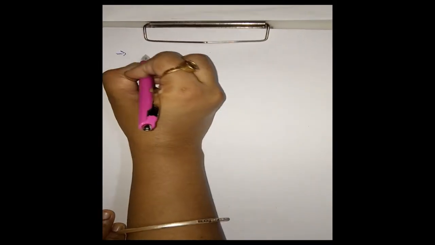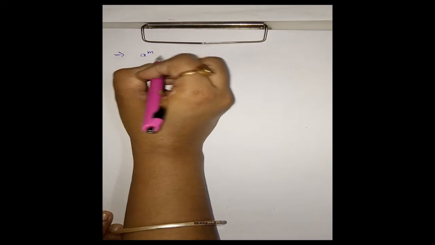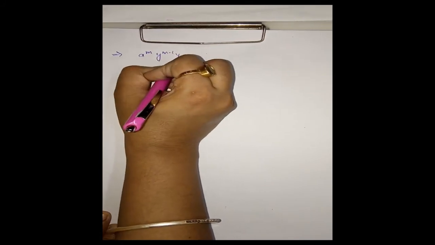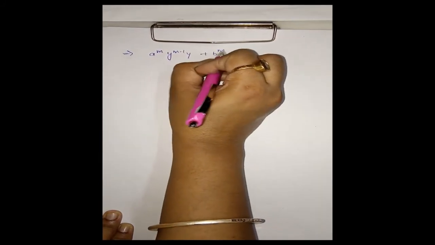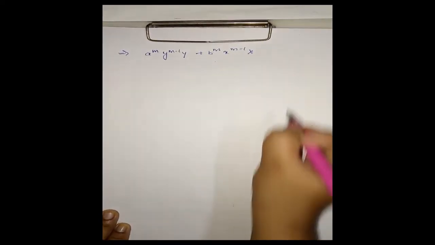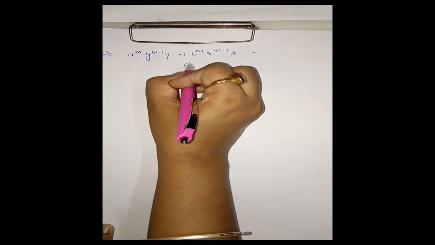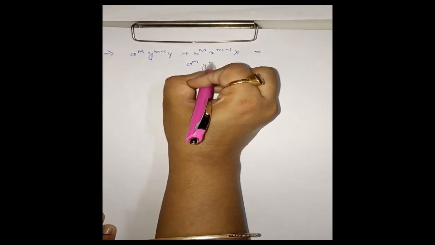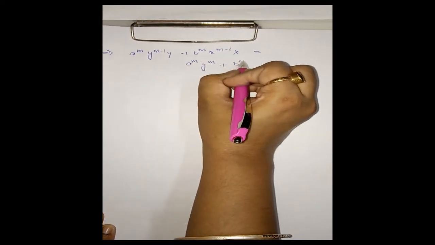This will give us am ym minus 1 into capital Y plus bm xm minus 1 into capital X is equal to am ym plus bm xm.